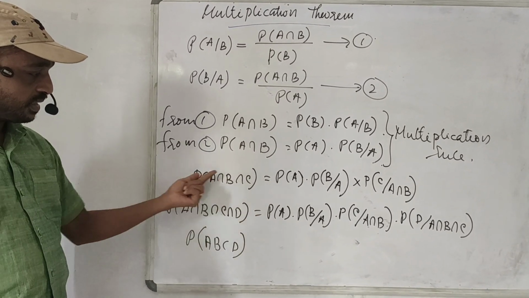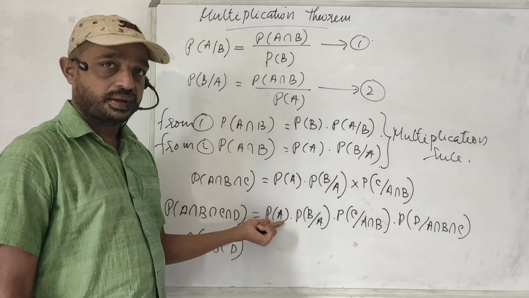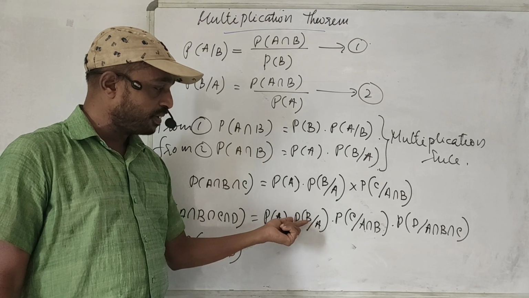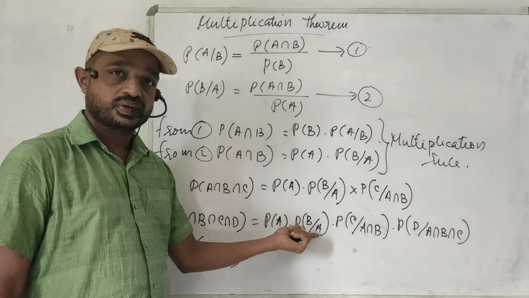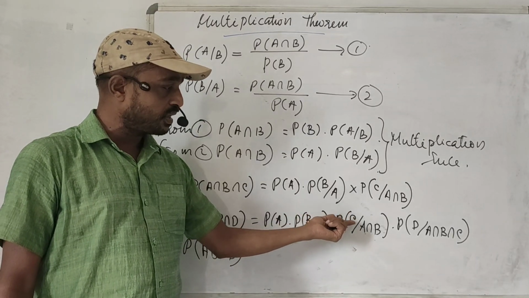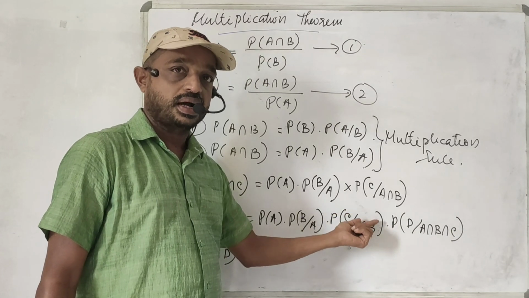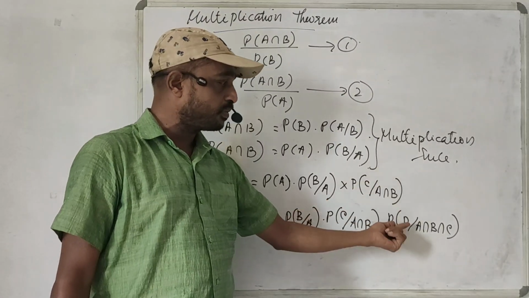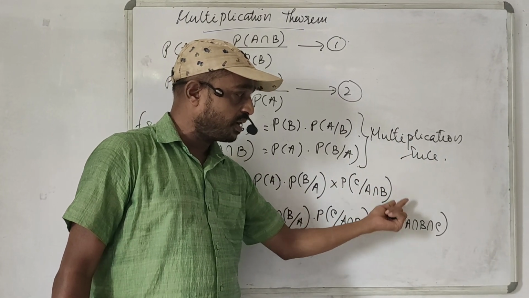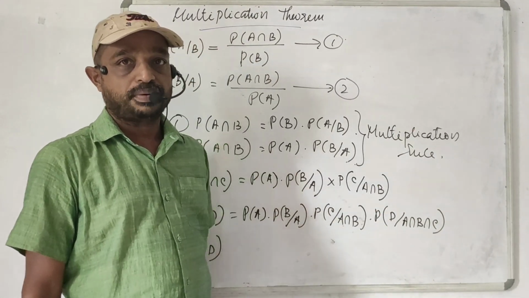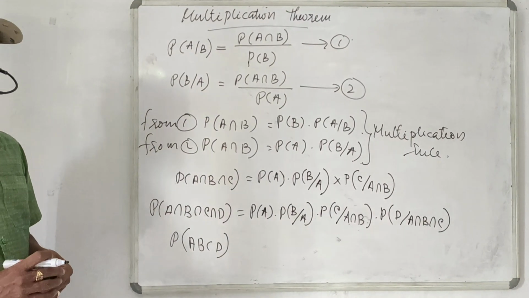P of A intersection B intersection C intersection D is P of A, probability of happening the event A, into P of B given A, probability of happening the second event B if the event A has already happened, into probability of happening the third event C if the events A and B have already happened, into probability of happening the fourth event D if A, B and C have happened.